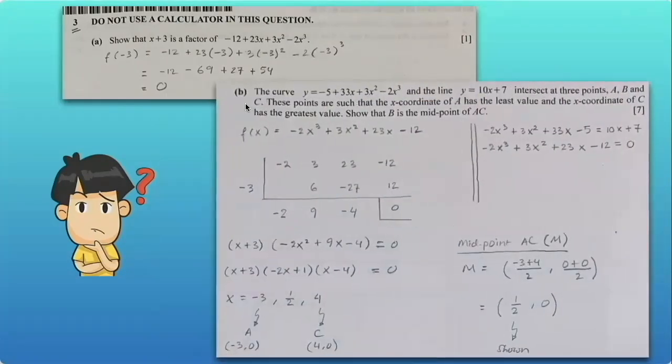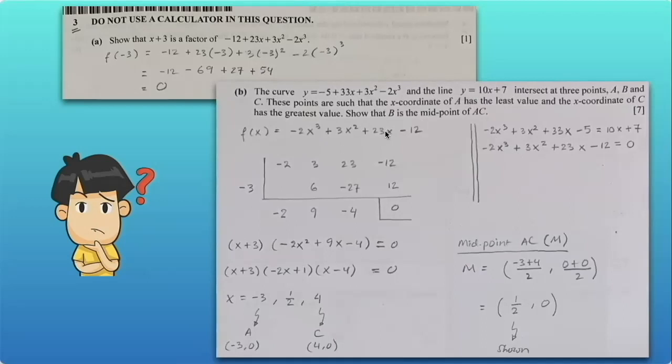Part B, the question says this curve and this line intersect at 3 points. That means we can equate them and simplify to get this expression.